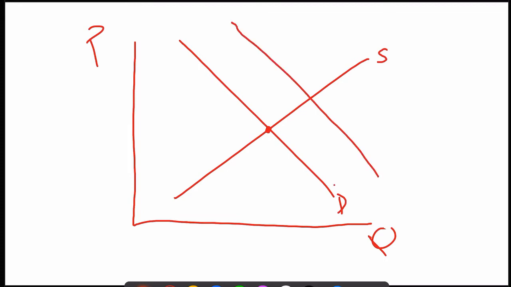But when demand moves out, we normally just go, hey, we were at A and now we're at B. What happens? And that's comparative statics, right? A and B, if we just look at A and B, that's comparative statics. Dynamics says, how do we get from A to B?